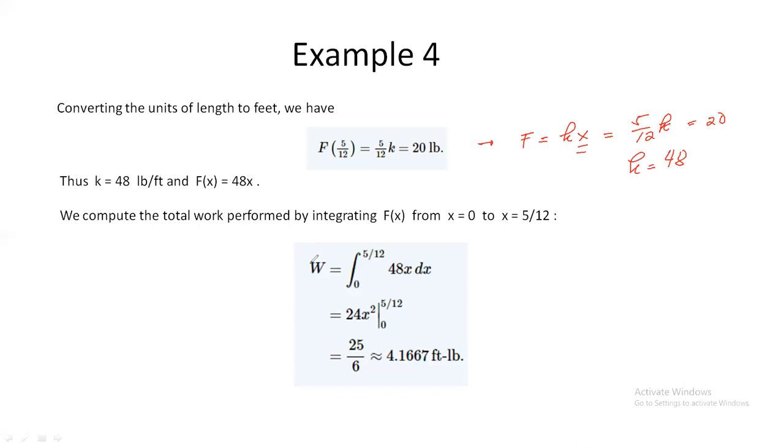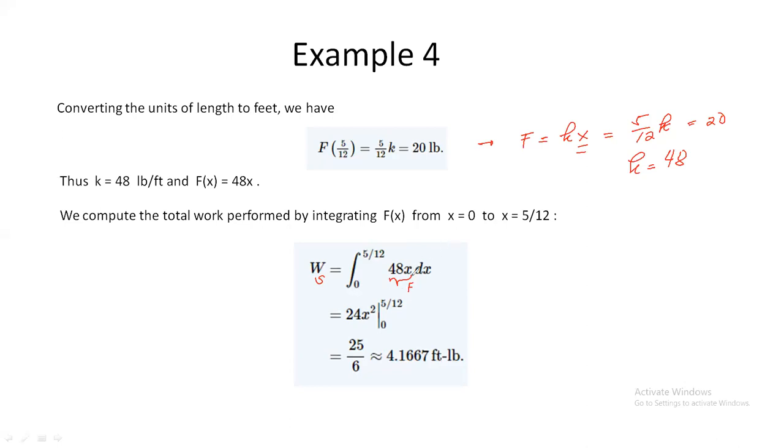In terms of determining spring work, we want to determine how much work is done in stretching the spring to a length of 5 inches. So it was converted to feet in here. The 48x is the F, and this is the corresponding change in the length of the spring.